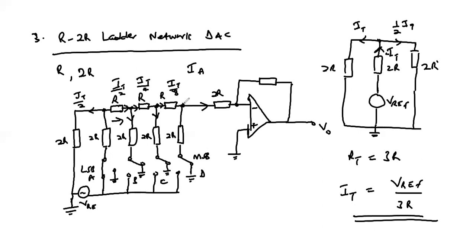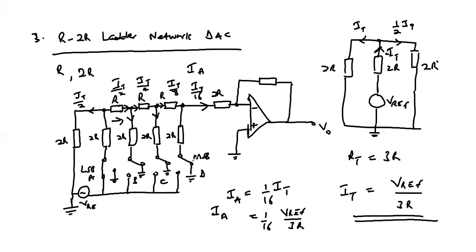And lastly, at this point, this being 2R and 2R, it subdivides into I total over 16. Therefore, the current contribution due to bit A, IA, will be a 16th of I total, which is a 16th of Vref over 3R. And this is the current contribution due to the least significant bit.